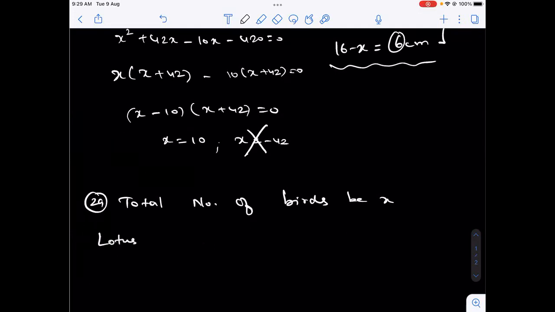So which are moving in lotus are 1/4, x by 4.